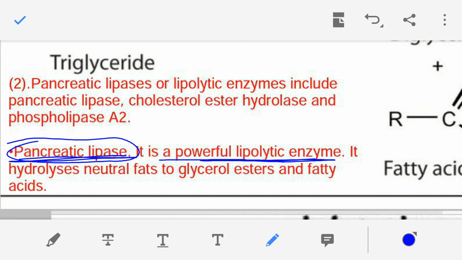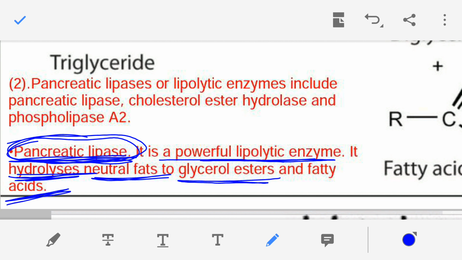And the action of the pancreatic lipase is that it hydrolyzes the natural fat. That means the triglyceride, which is present in our food in the form of fat or oil. Now, this pancreatic lipase hydrolyzes the triglyceride and converts the triglyceride into glycerol, ester, and fatty acid.